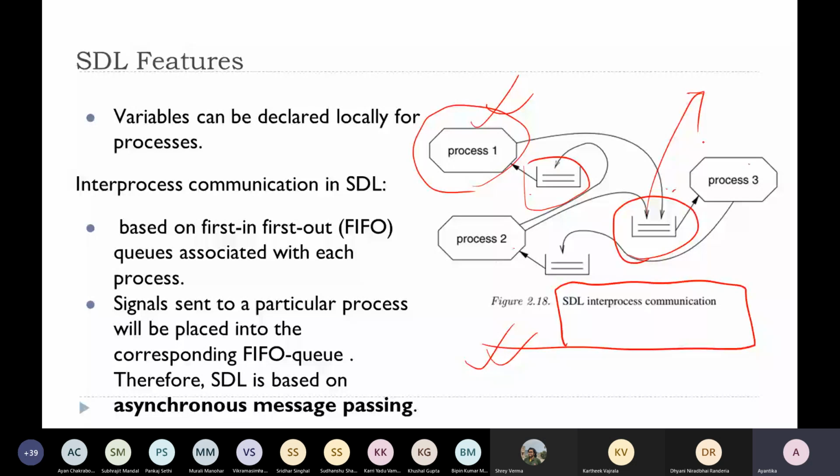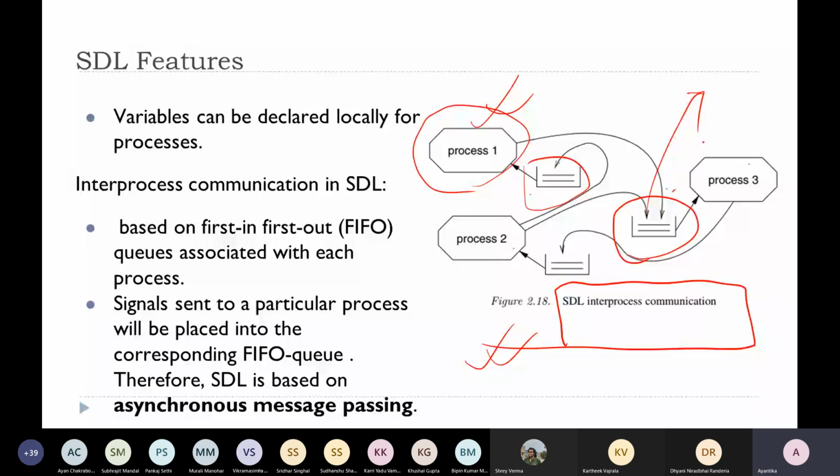So it is not possible that for each and every process you allow a huge SDL queue. That will incur huge memory overhead. Again, a very small resource allocation or message queue size will lead, as you can understand, to overflow.